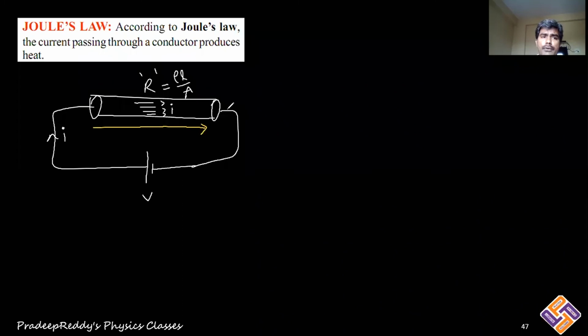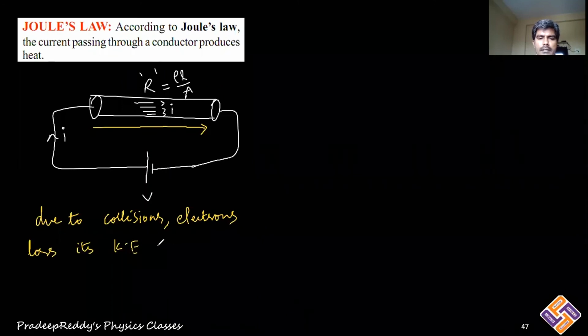As I already told you, whenever there is some current flowing through the circuit, definitely there is some resistance. So whenever there is resistance due to collisions, electrons lose their kinetic energy, and as a result heat is produced in the wire.